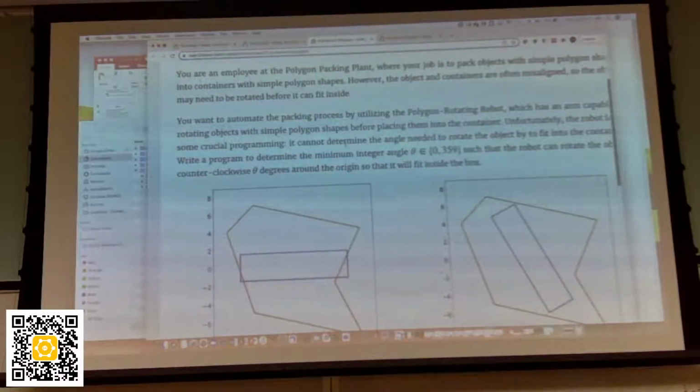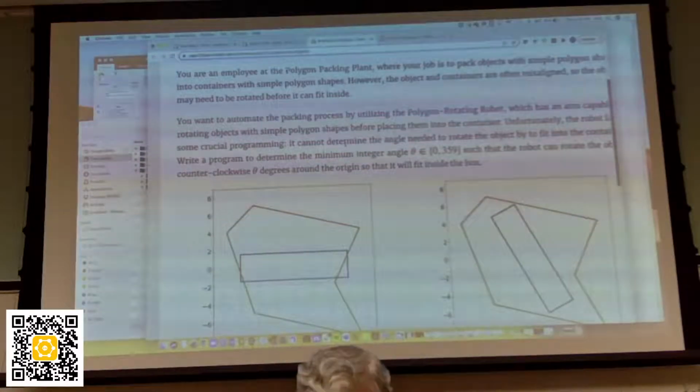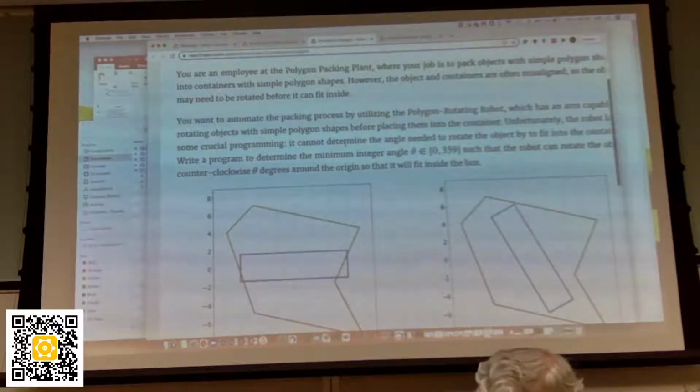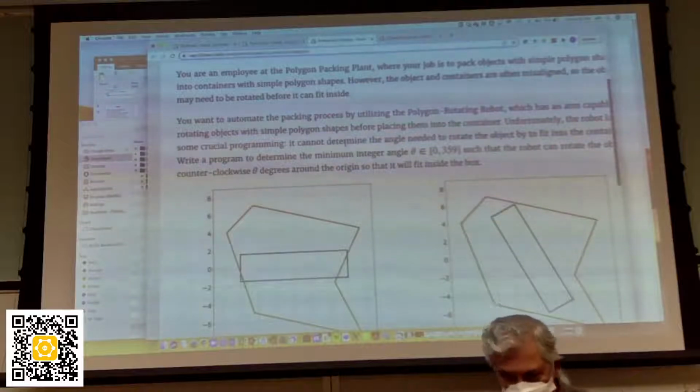Right. So you're allowed to rotate one of them. Obviously, you only have to rotate one of them. But you'd like to fit one box into the other bigger box. And you're asked, is this even possible?